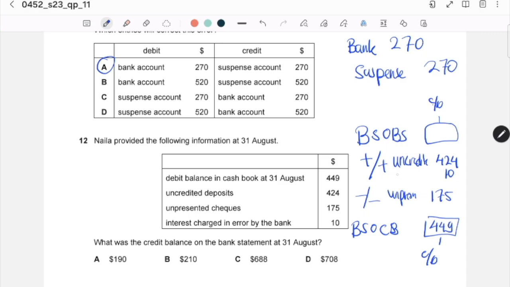So the calculation will be 449 plus 175 minus 10 minus 424. Okay, and then the answer is 198.